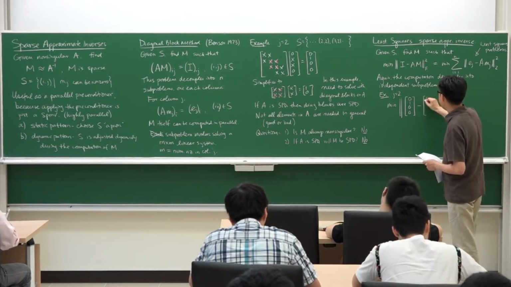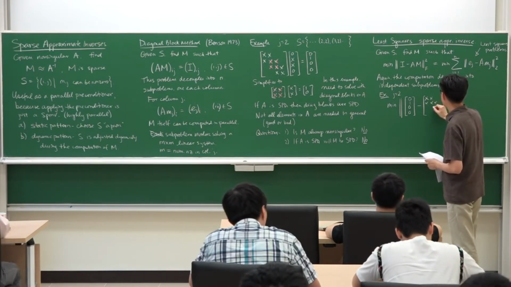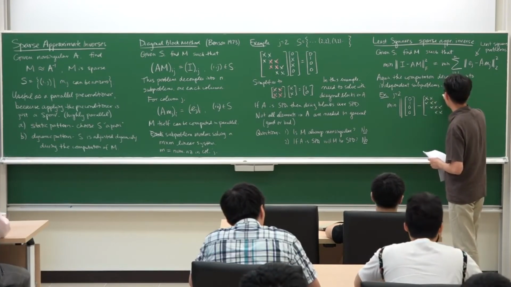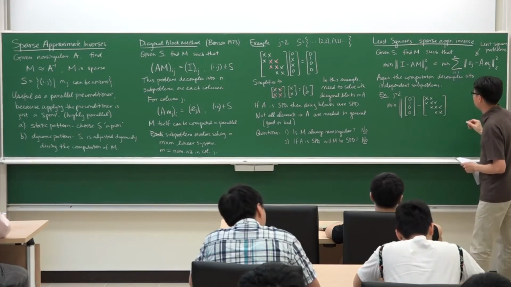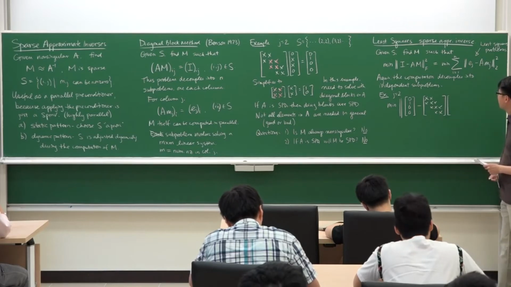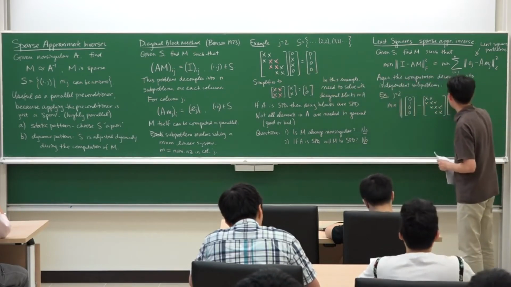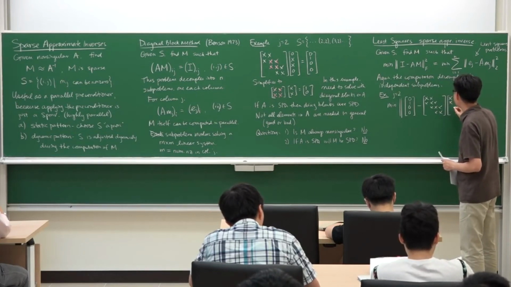It's going to be the same matrix as before, that tridiagonal matrix, and we're going to need M. Instead of the previous pattern, I'm going to choose a slightly different pattern to make the problem a little bit more interesting.